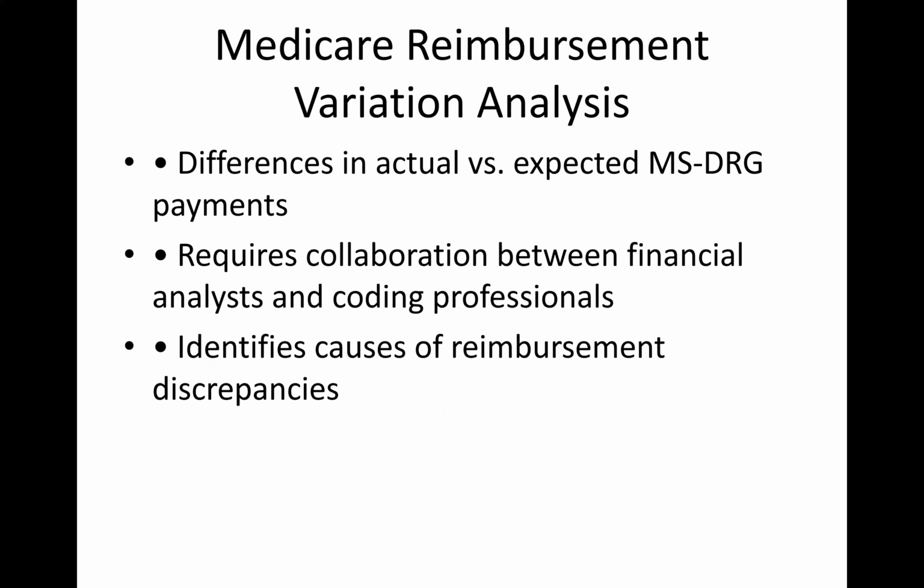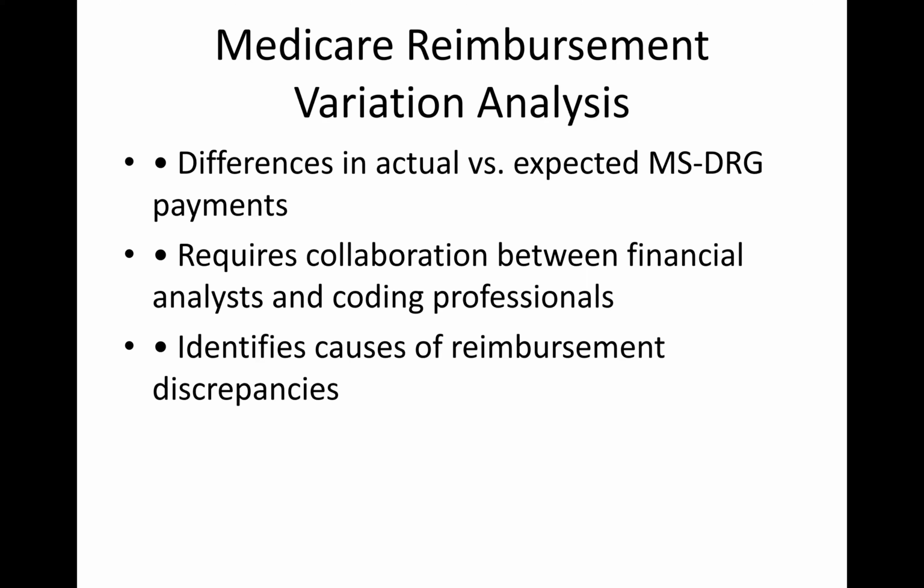We also have Medicare reimbursement variation analysis, and this is the difference between what we're actually seeing and what's expected. Now, with electronic health records and other technology, we can keep tables on a national, regional, state, and local area to compare apples to apples.